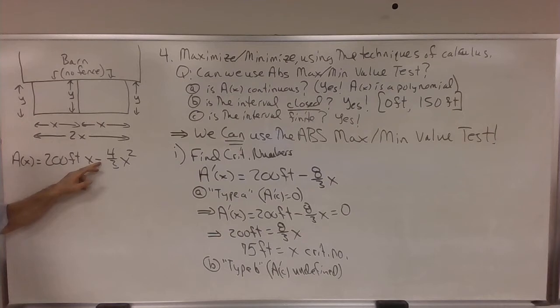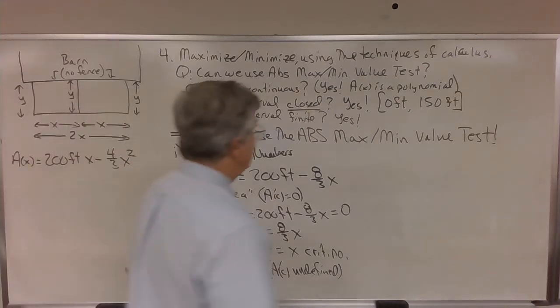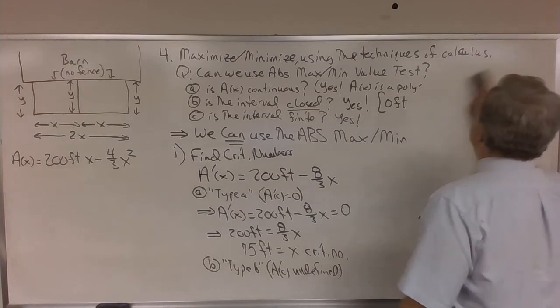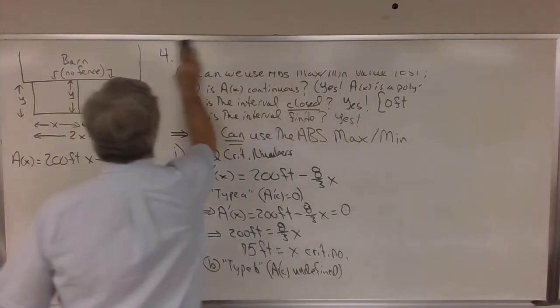Multiplication, subtraction, multiplication, exponentiation. We're dividing by 3 here, but that's not going to give us anything undefined. So there's no type B critical number here. Okay, so we've got the only critical number. Now, on to step 2.